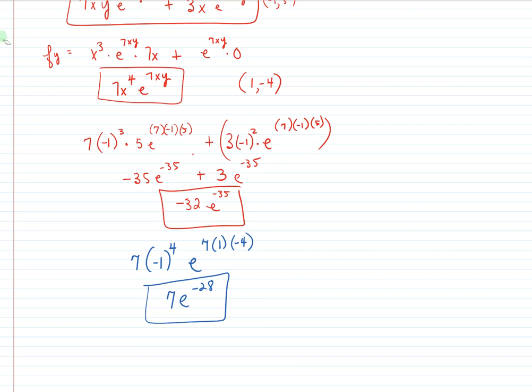That's just wrong. Let me get rid of that negative 1. Didn't change the answer. Okay, so 7 times 1 to the 4th, e to the 7 times 1 times negative 4, if we're plugging in 1, negative 4. And we end up with 7e to the negative 28, and that is our answer for that one.